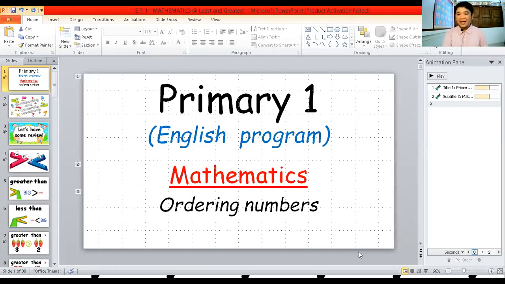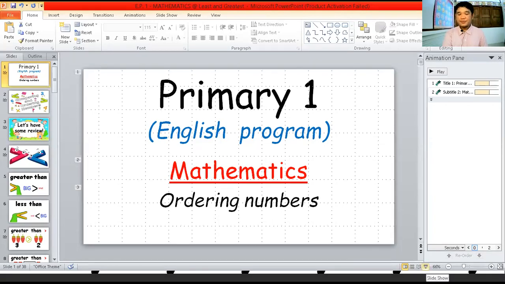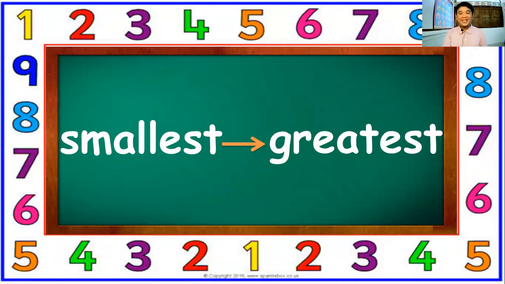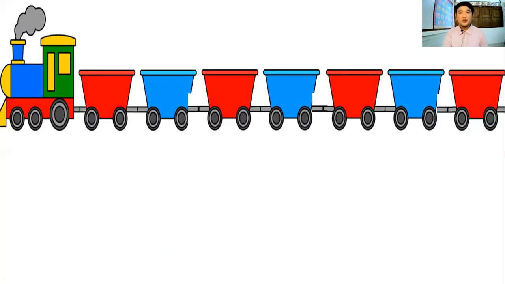All right, another. Smallest to greatest. So we have trains here. So how are we going to do?